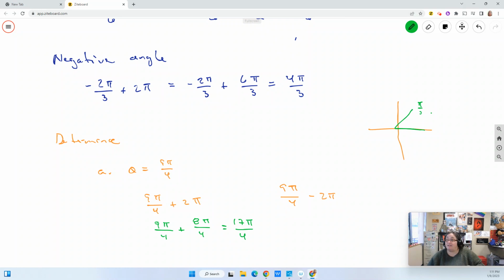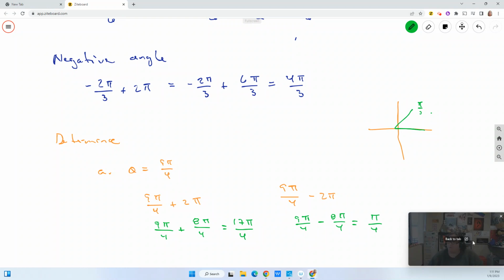And that is clearly more than 2 pi, which is okay. If I do it the opposite direction, I have 9 pi over 4 and I subtract that 8 pi over 4, and I am left with just pi over 4.